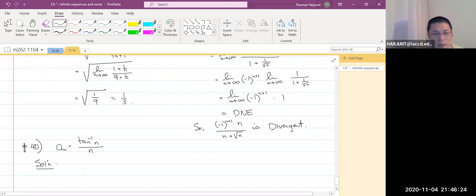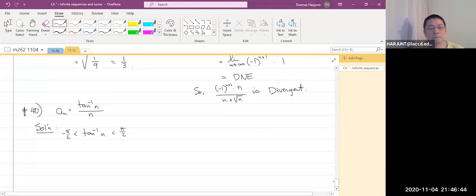Well, I can say that tangent inverse n will always be between pi over 2, not including pi over 2 actually, and negative pi over 2. It's tangent inverse, not tangent. It's like this. It has the upper limit, and it has the lower limit.